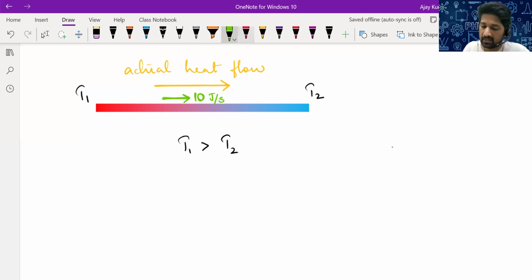You can also call it as minus 10 joules per second from right to left. You can write current like this also. Okay. So now see, in one direction it is plus 10, in another direction it is minus 10. That means the numerical value of heat current can change based on the direction in which you are expressing the current. Okay. So suppose you want heat current towards right.